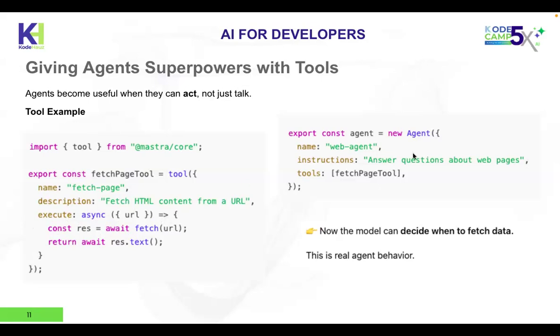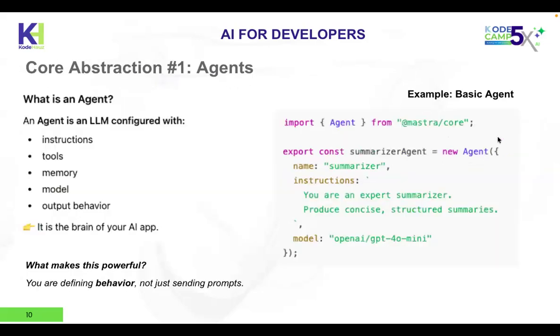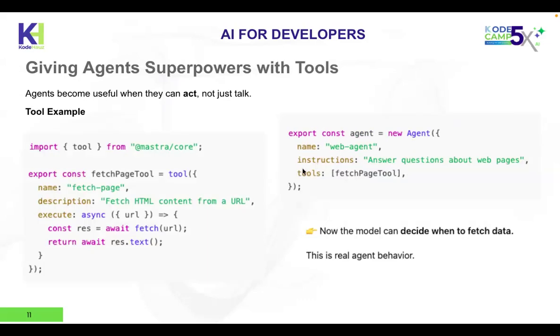Okay. So once you have defined this tool, when you are now creating the agent, remember in the previous slide, you created an agent, specified name, instructions, and model. So you can also add the tools, right? Similar to what we have been doing with LangChain, similar to what we have been doing with all the others, right?